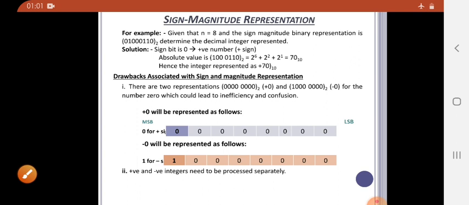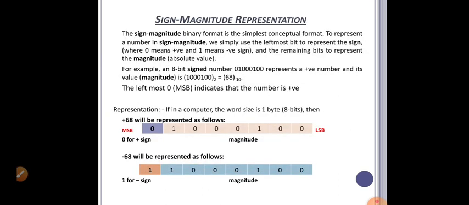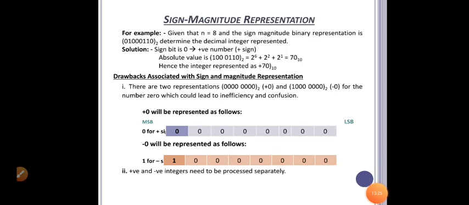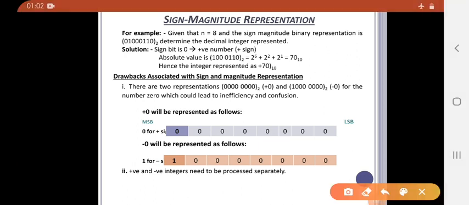Now there are some drawbacks associated with the sign and magnitude method. There are two representations, 0, 0, 0, 0, 0, 0, 0, 0, plus 0, and 1, 0, 0, 0, 0, 0, 0, 0, minus 0 for the number 0, which could lead to inefficiency and confusion. Here you can see 0, and here 1.